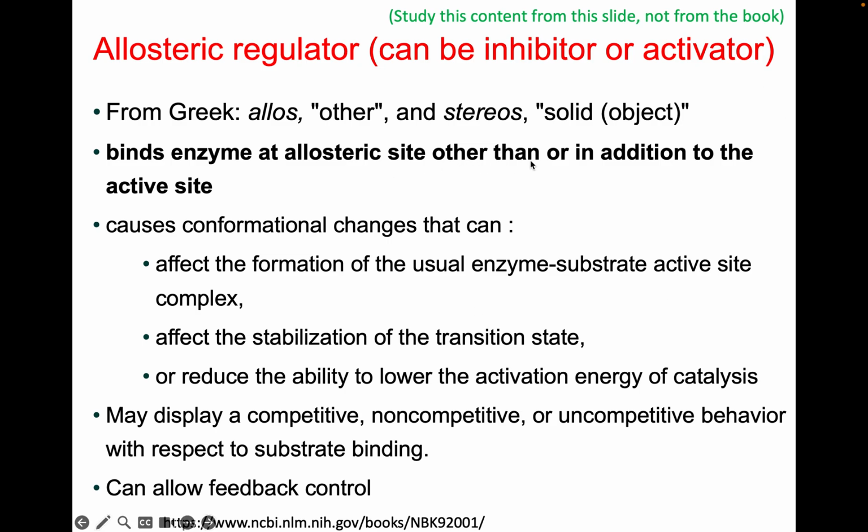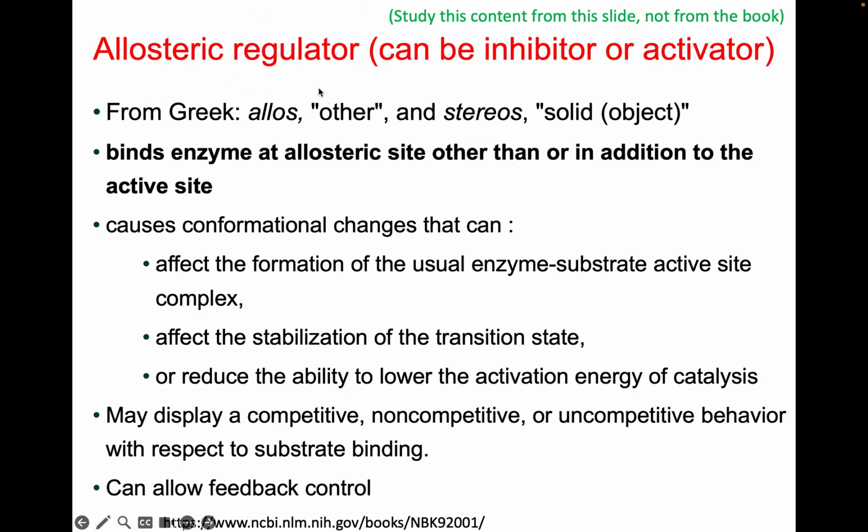They bind to other sites, or in addition to the active site. Most enzymes bind substrates at the active site, while allosteric regulators bind to other sites, or the active site and another site. That's what an allosteric regulator is. And these can be both activators or inhibitors.